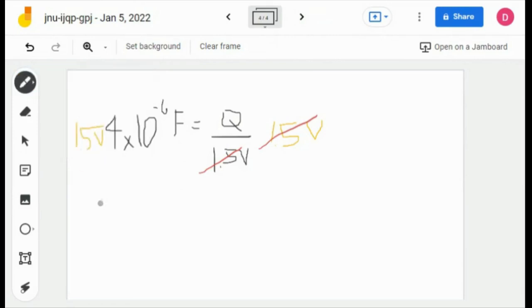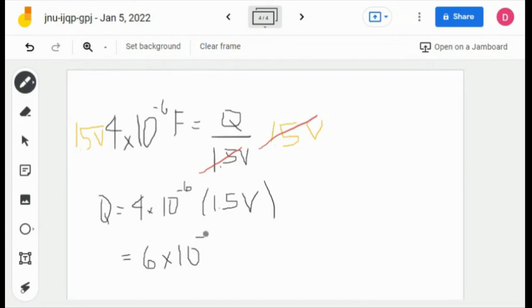And that will give the charge Q is equal to 4 times 10 to the negative 6 farad times 1.5 volts. That will give us a value of 6 times 10 to the negative 6 coulombs, or 6 microcoulombs.